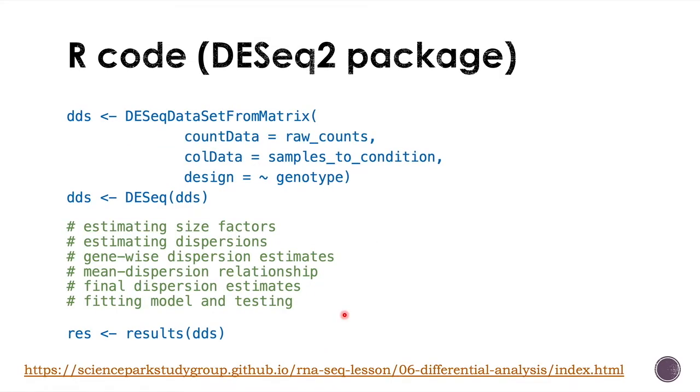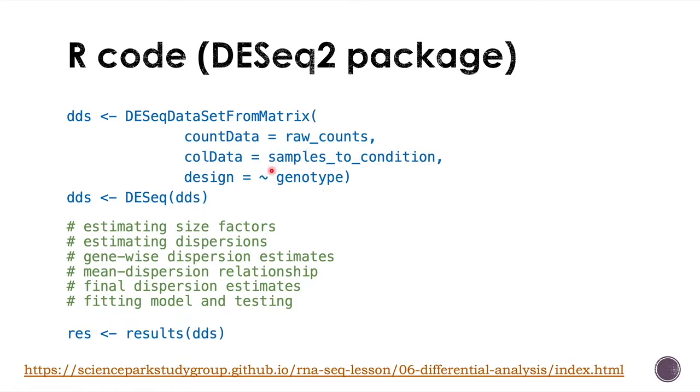In R, using the DESeq2 package, all this estimation of differential expression happens in mostly 3 steps. First, you import your data, so the input number 1, the counts, and input number 2, the sample to condition table, and you provide a design, so a formula. How do we want to model the counts according to your experimental design?